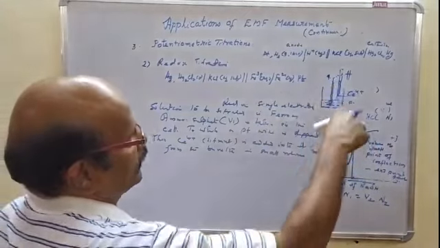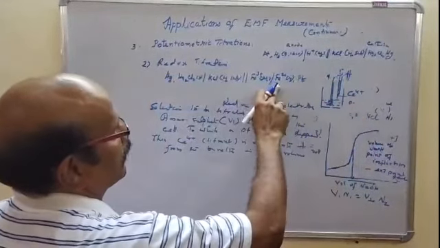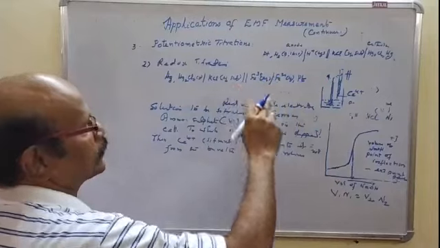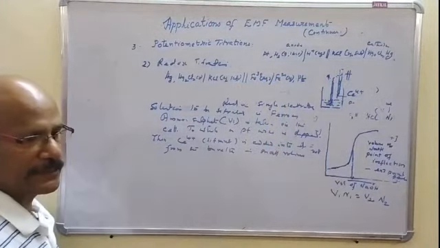On the addition from the burette, more and more ferrous is converted to ferric, so that the potential goes on increasing.